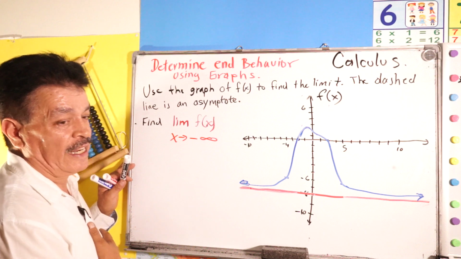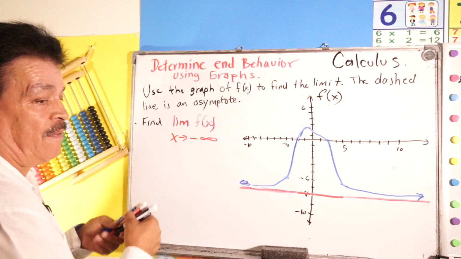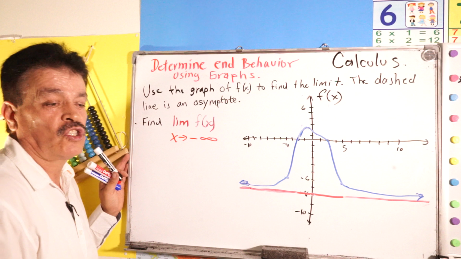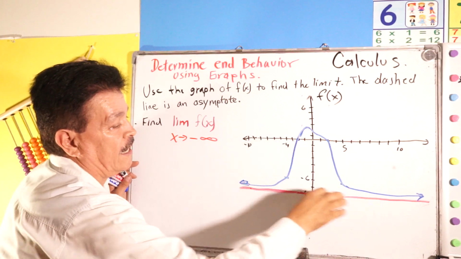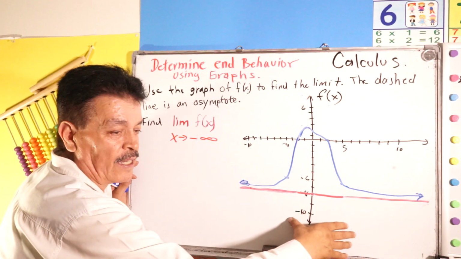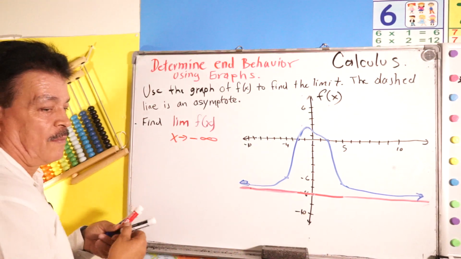Okay, so the graph of f of x approaches the horizontal line, the asymptote.